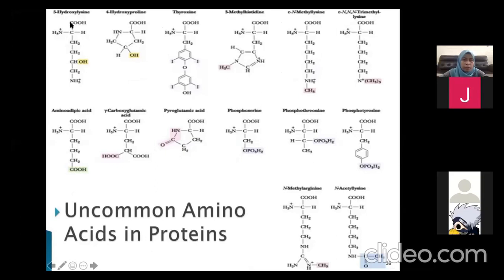Except for proline, which sometimes we call imino, because the R group is attached to the backbone. For the tyrosine, still we have amino group, chiral carbon, and carboxyl group. This is the structure of the example of uncommon amino acid in protein.